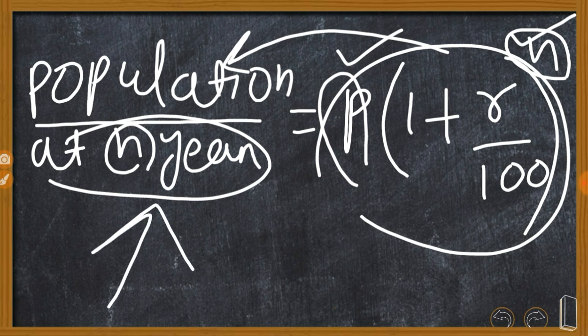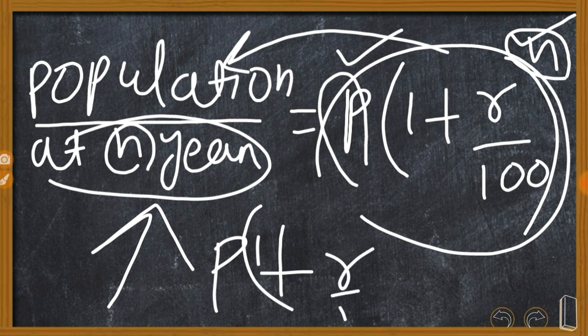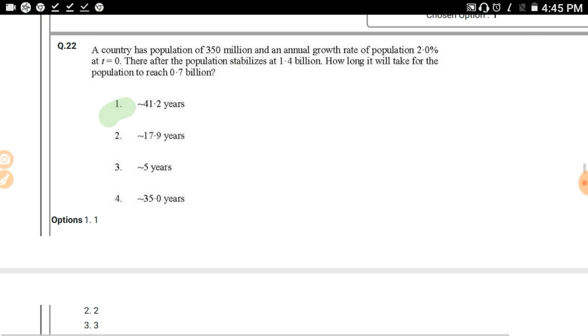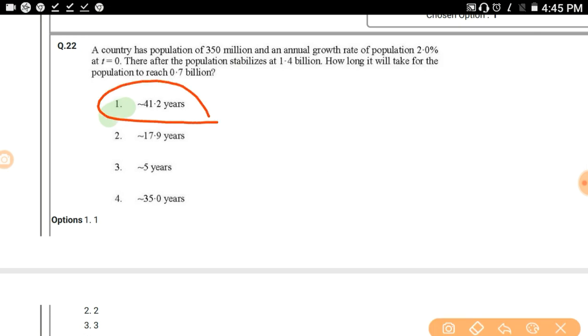So we can use the formula P0 into (1 + r/100) to the power n, and we get the result: near about 41.2 years it will take.